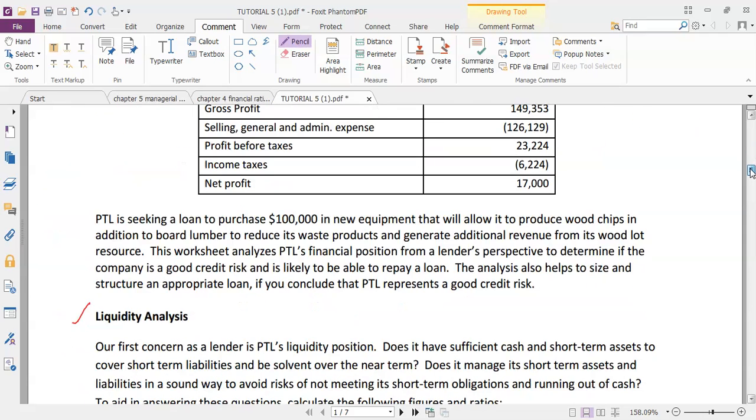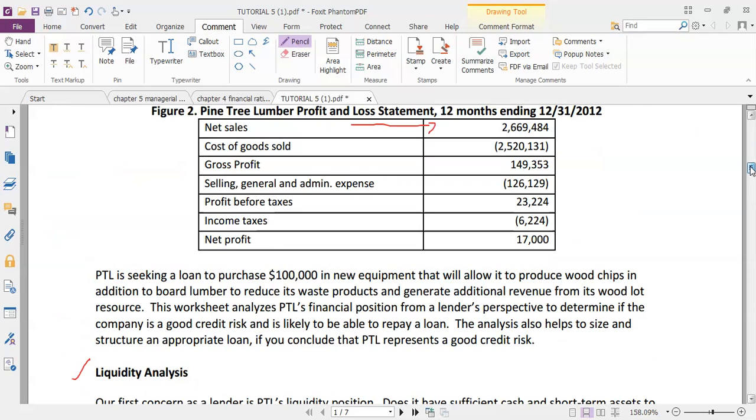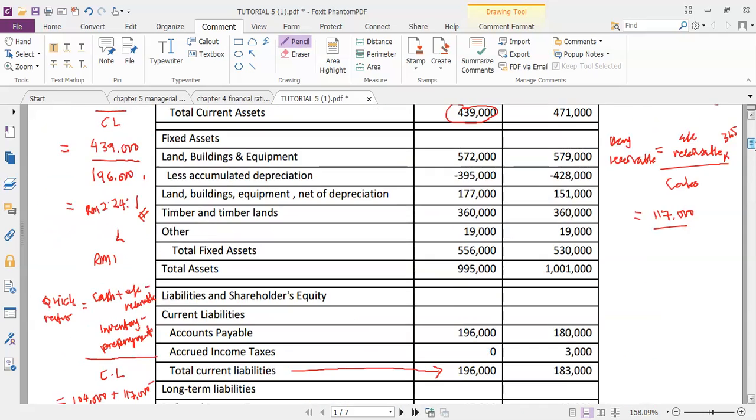Okay, 2,669,484. This times 365. So let's calculate.